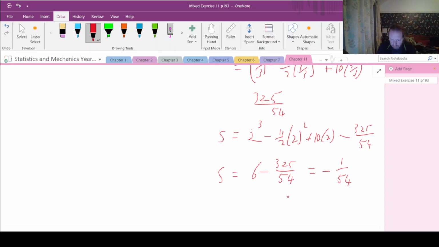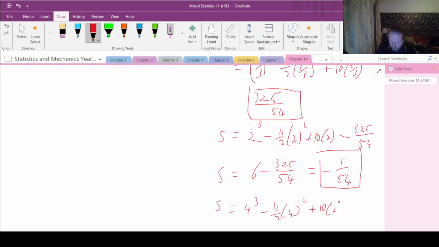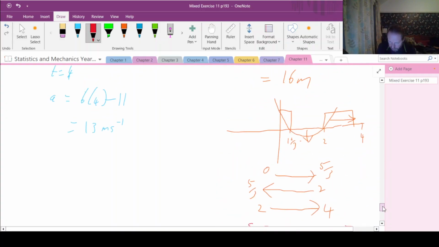So there's an important number, and then we also need to do s between 2 and 4. We know the value at 2 is 6, so we're putting in the 4: 4 cubed minus 11 over 2 times 4 squared plus 10 times 4, which I'm pretty certain is 16, is it not?